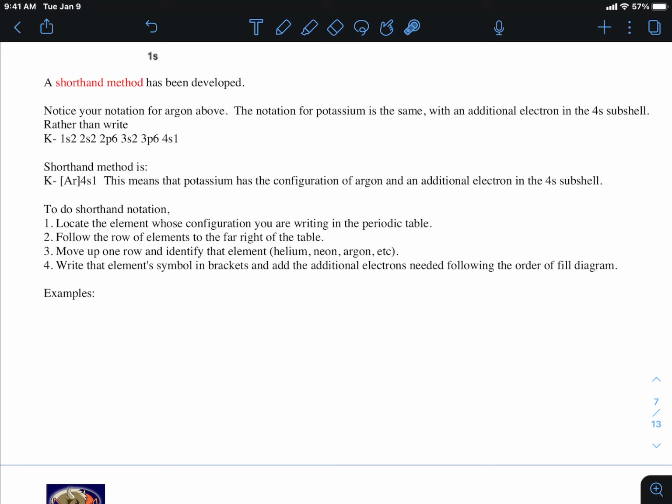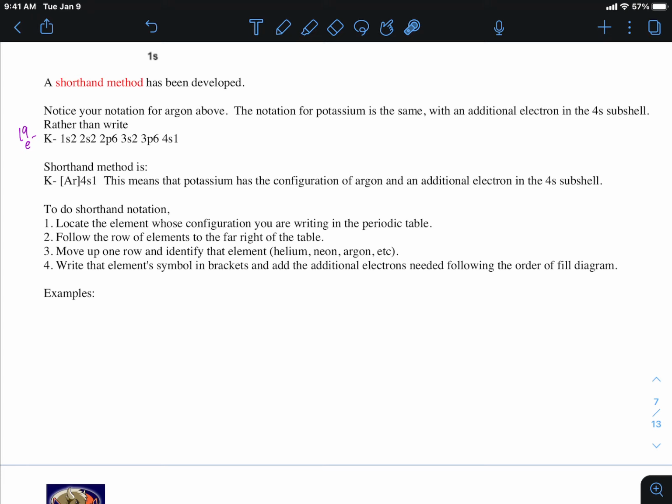For example, for this element here, potassium. If I said let's write the SPDF notation for potassium, potassium has 19 electrons. 1s2, 2s2, 2p6, 3s2, 3p6, 4s1. If you add these up, these are 19 electrons.